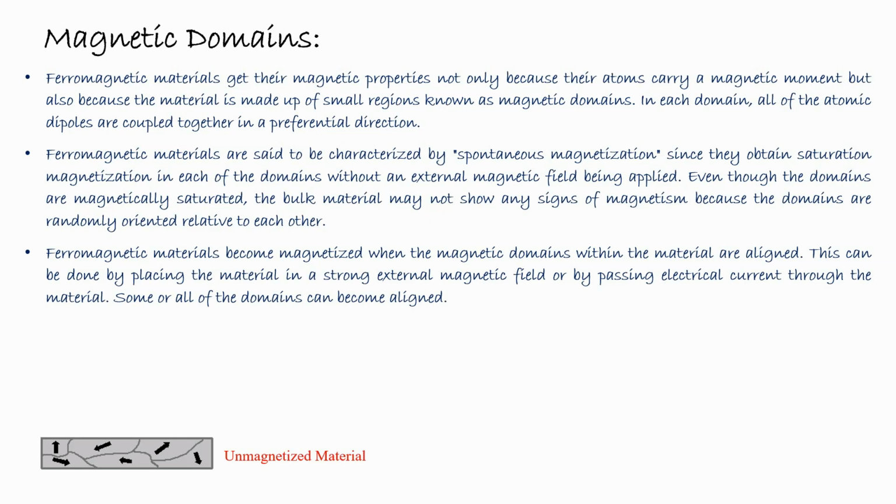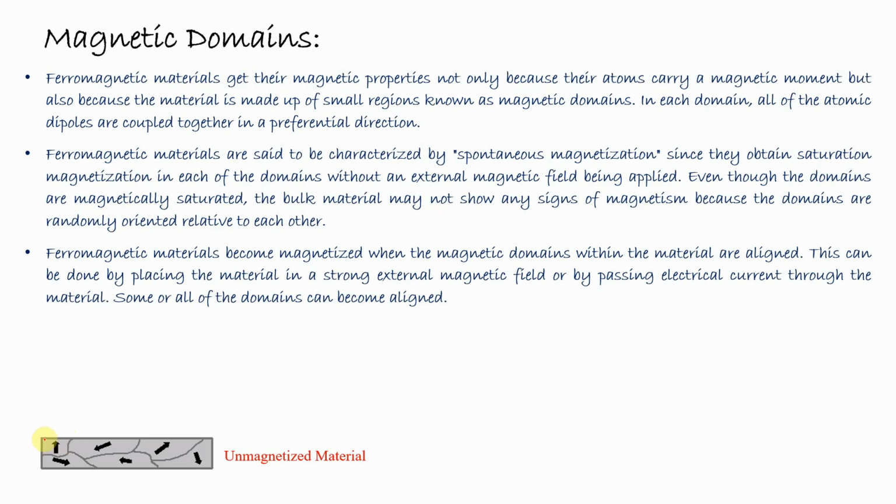So here we can see normally the domain, we can consider it as a small packet of materials. Within the material there are small domains. There are a number of atoms within the domain. Now in a domain all the electrons are arranged in a symmetrical order.